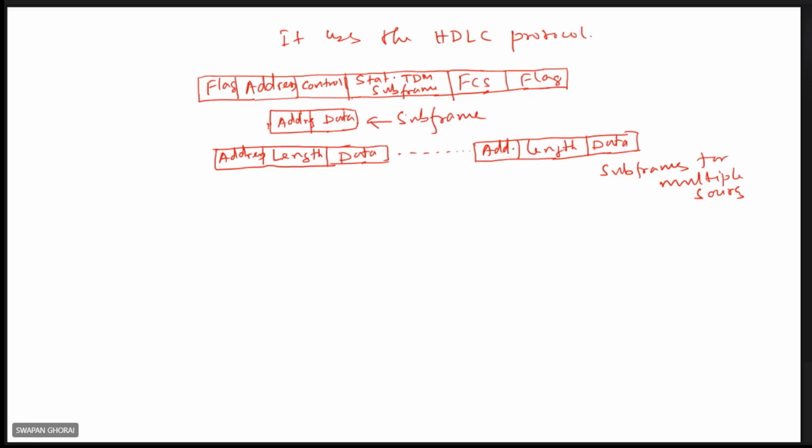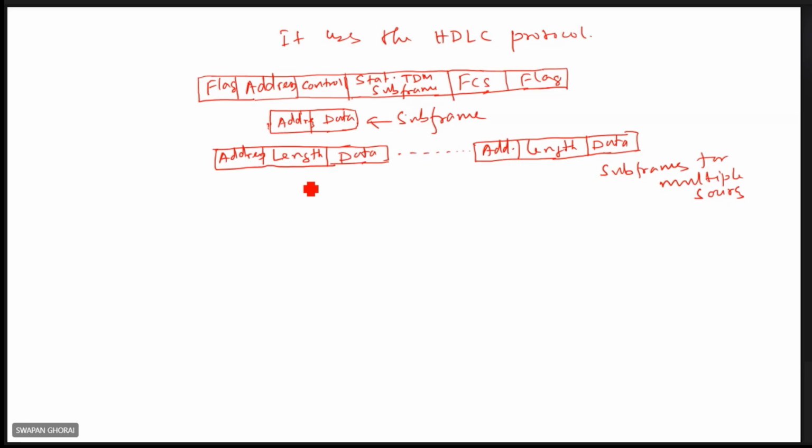In that case, when multiple sources are involved, the length of the subframes is important. So one extra subfield will be there that will indicate the length of the data field, right? And each one is labeled with an address and length.